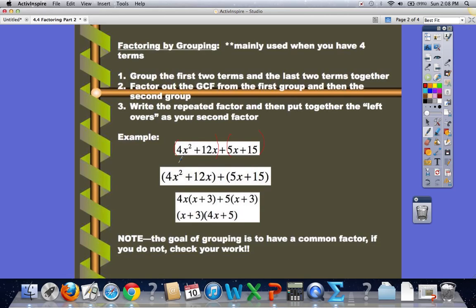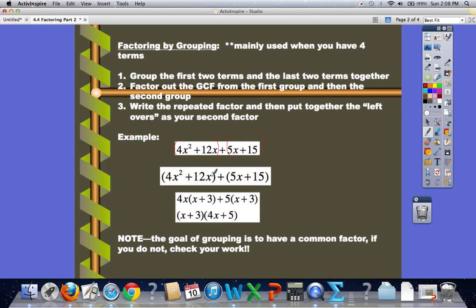Sometimes you may have to rearrange these so that they can factor out something. Most of the time they'll come straightforward and you won't need to rearrange. This one's straightforward.